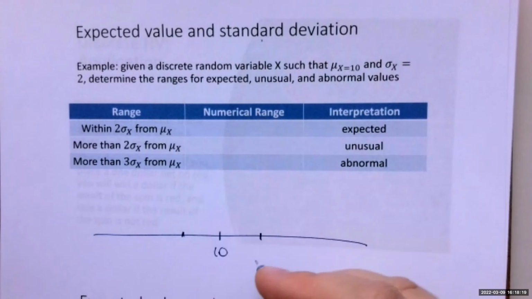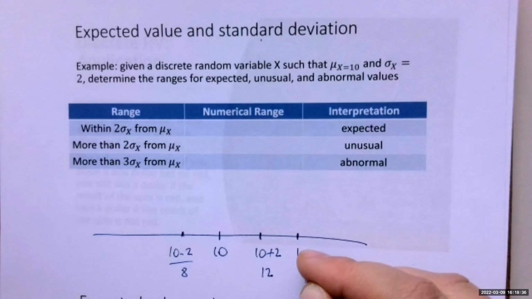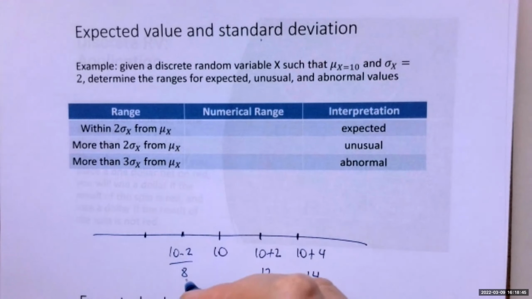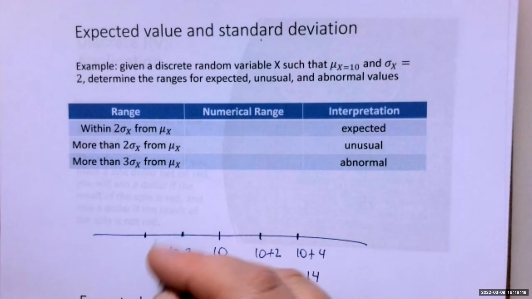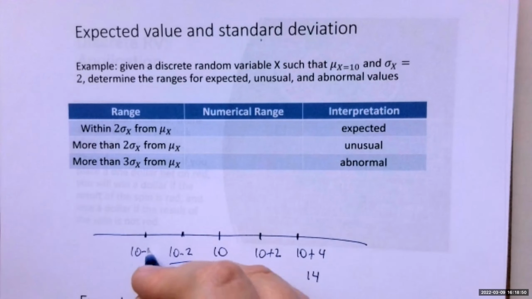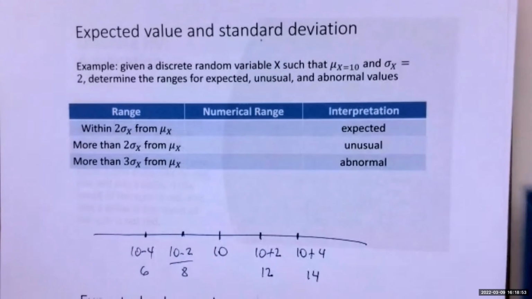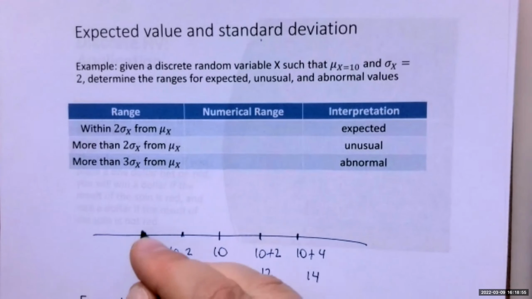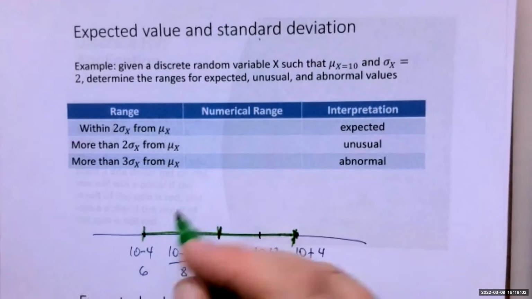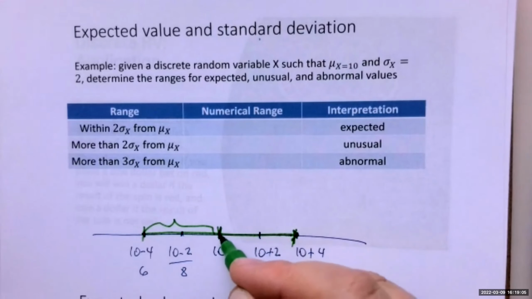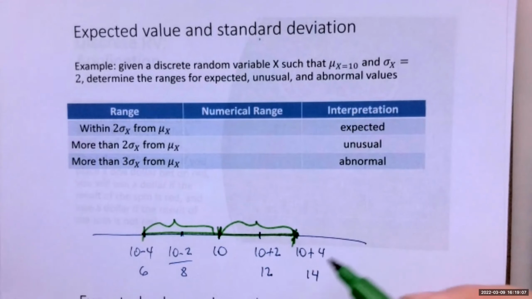And then 2 standard deviations to the right is going to be 10 plus 2 times 2, so 4, and that's 14. And one more standard deviation to the left is 8 minus 2, or 10 minus 4, is 6. So this distance right here is within 2 standard deviations from the center. So we have 2 standard deviations to the left and 2 standard deviations to the right.